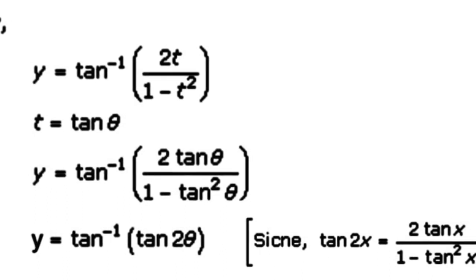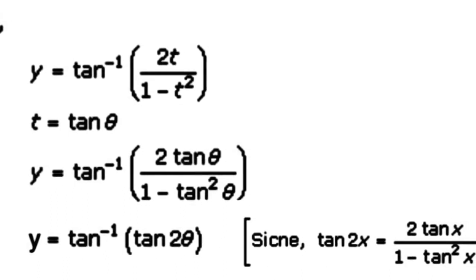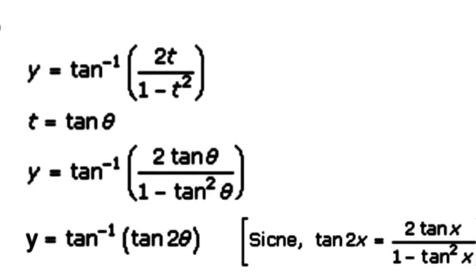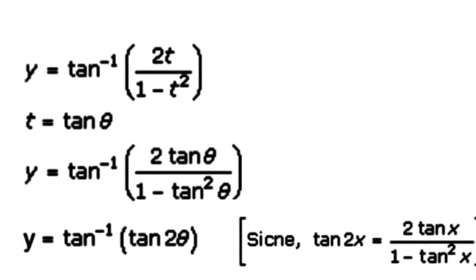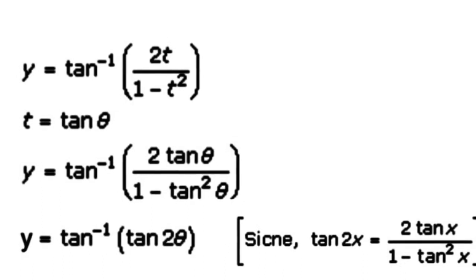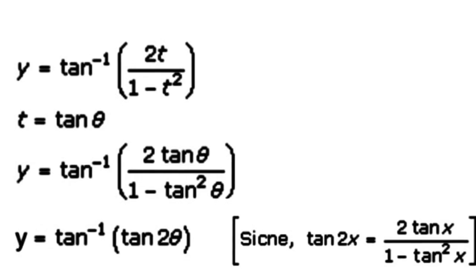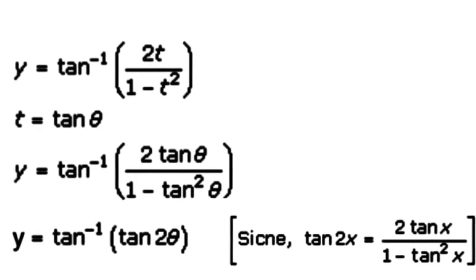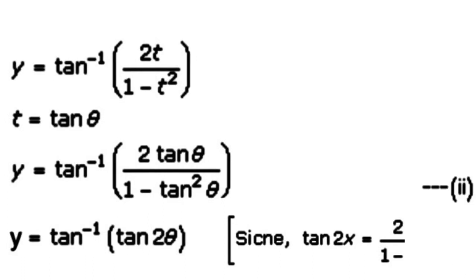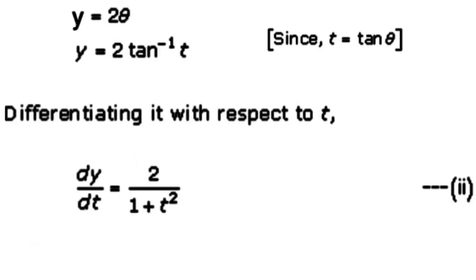That is tan 2 theta equals 2 tan theta upon 1 minus tan square theta. So y equals tan inverse of tan 2 theta. So tan inverse and tan will dissolve. So we will get y equals 2 theta. Since t equals tan theta, theta will be tan inverse of t.